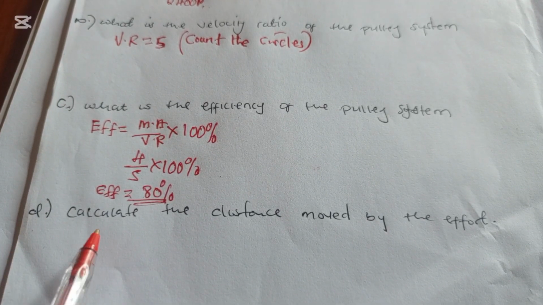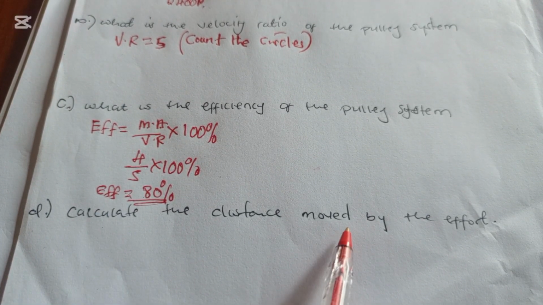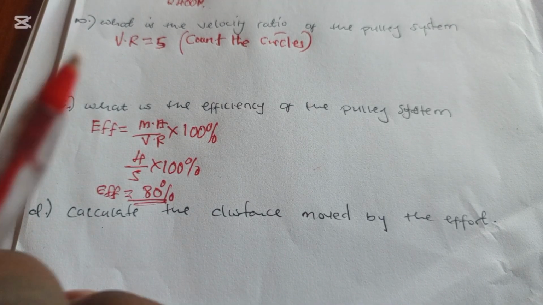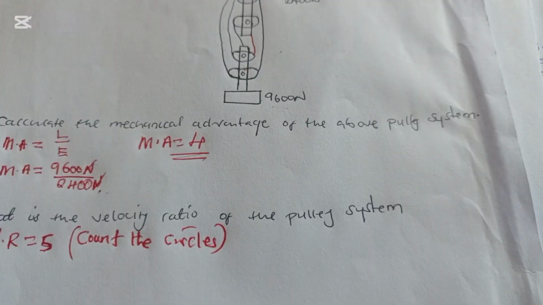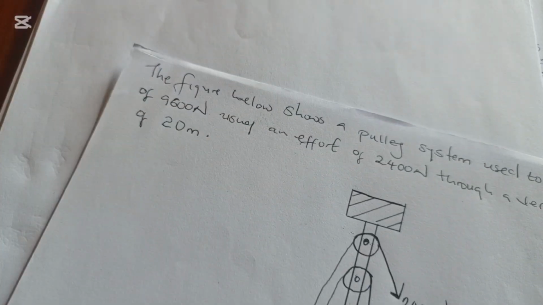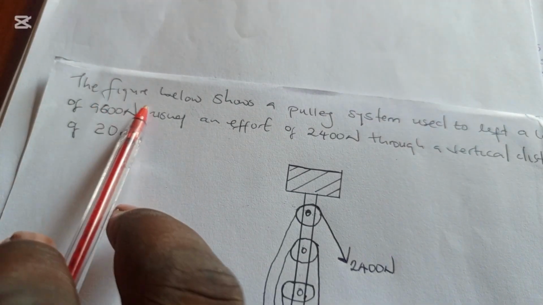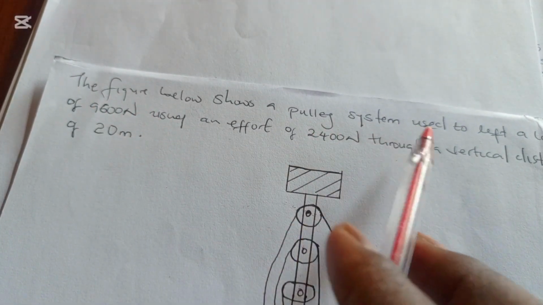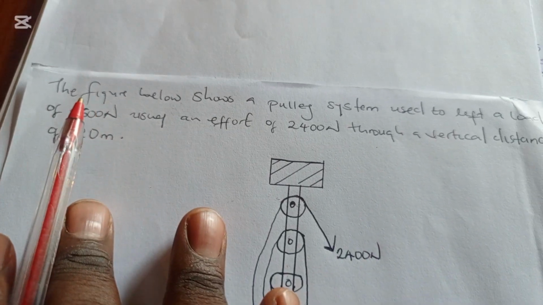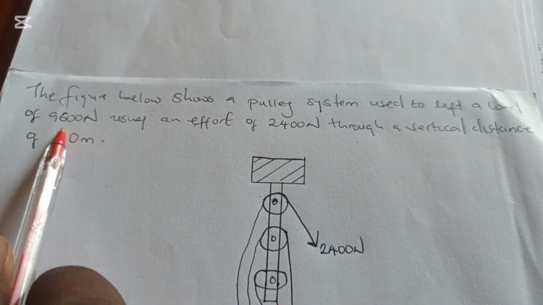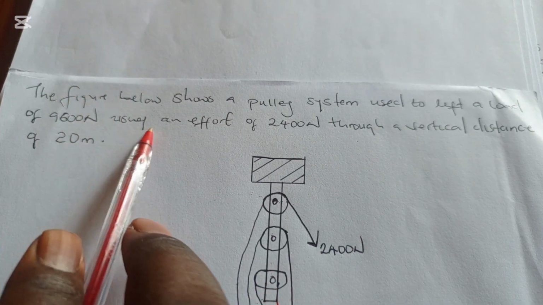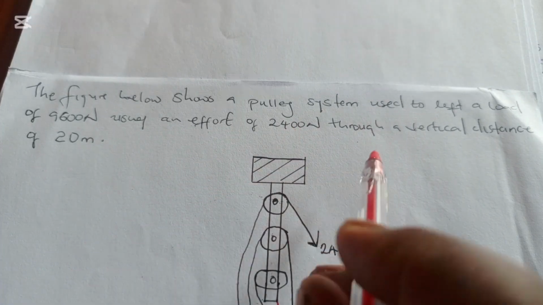Question D: calculate the distance moved by the effort. They want us to find the distance moved by effort. Let's read the question again: the figure below shows a pulley system used to lift a load of 9,600 newtons using an effort through a vertical distance.